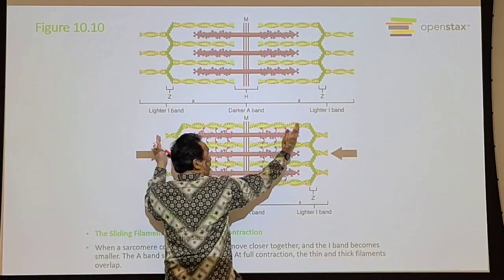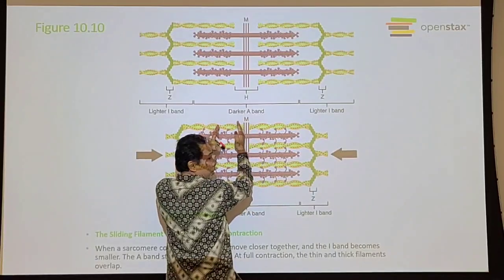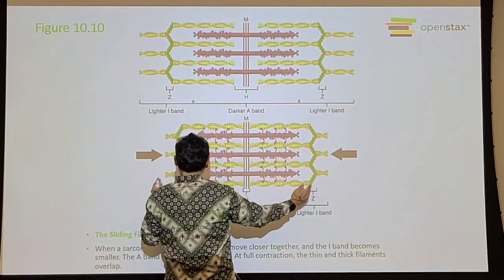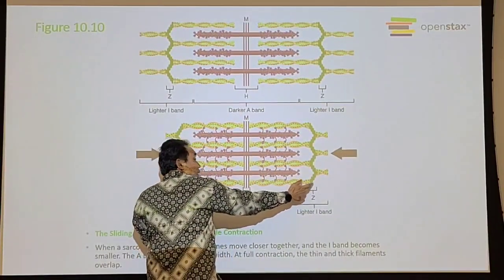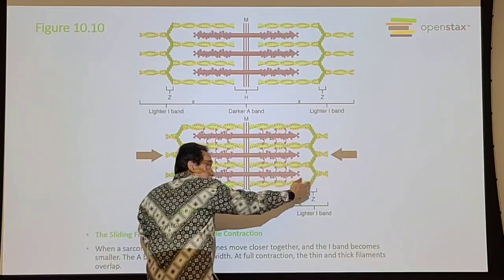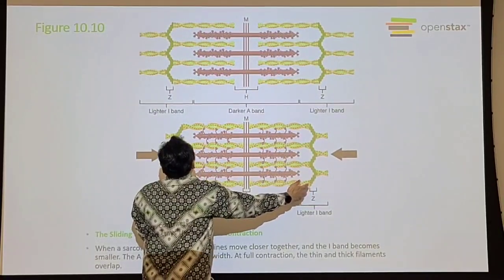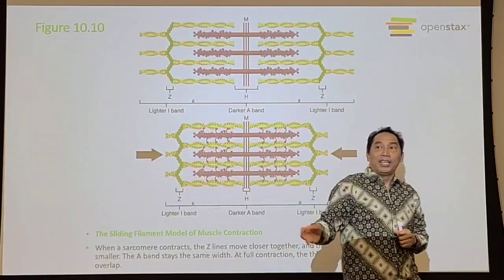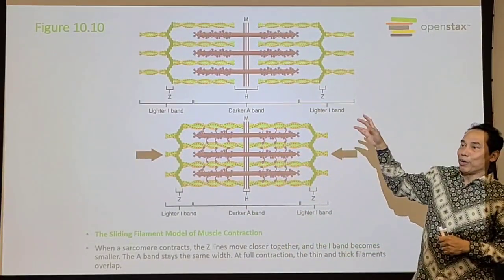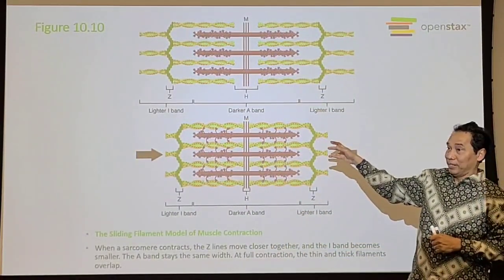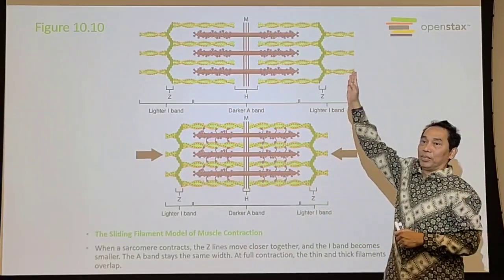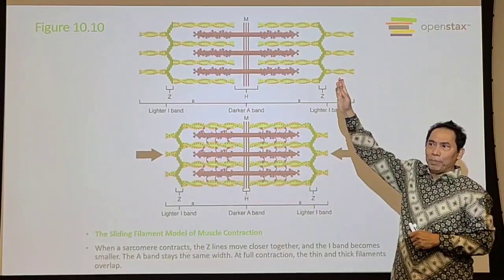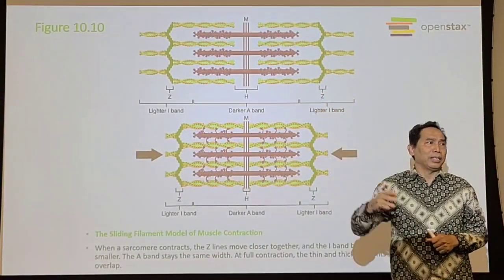So the actin is pulled to the middle, and then what happens with the distance between the Z discs? The length becomes shorter. Shorter length means contraction. Again, this is how our muscle contracts. And later, when another ATP comes, it will relax.